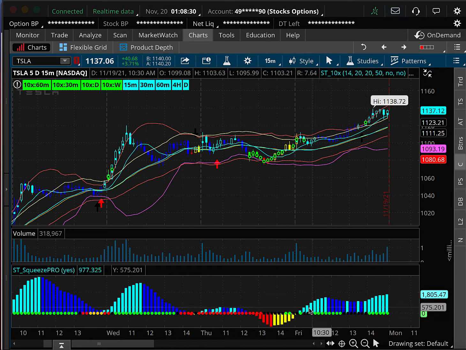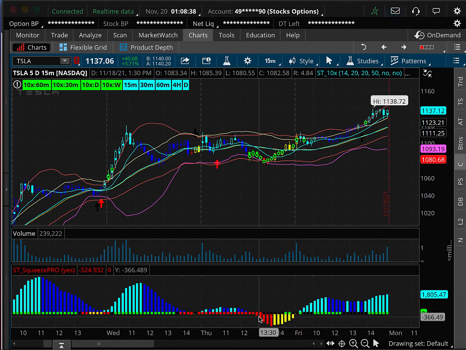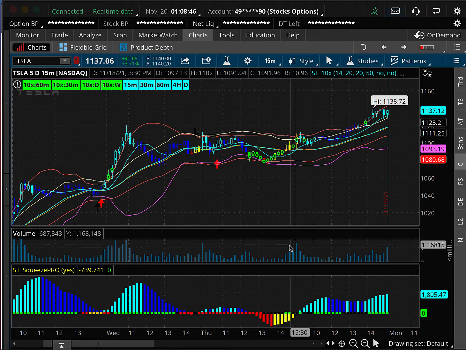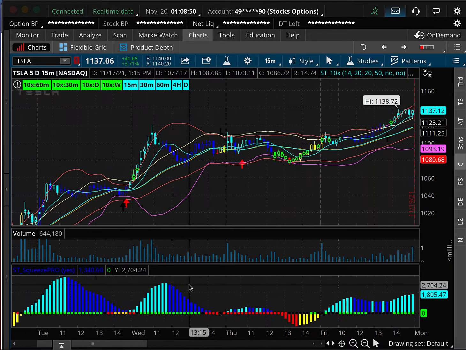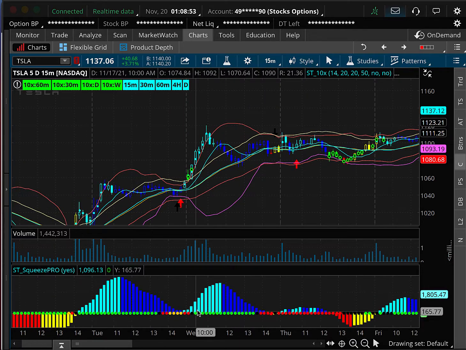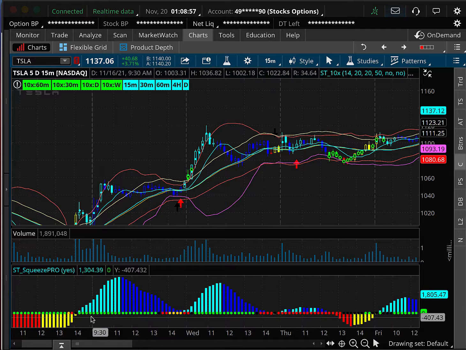What these histogram bars are: light blue is increasing positive momentum, dark blue is decreasing positive momentum, red is increasing negative momentum, yellow is decreasing negative momentum. And you can look at the history of how many bars are typical after a squeeze fires, and it's usually about the same.